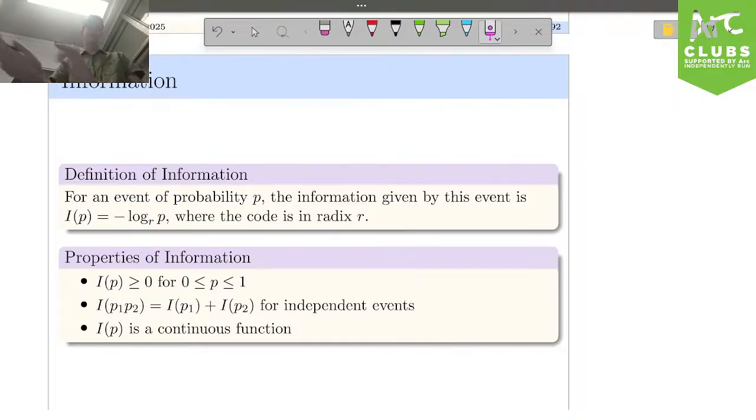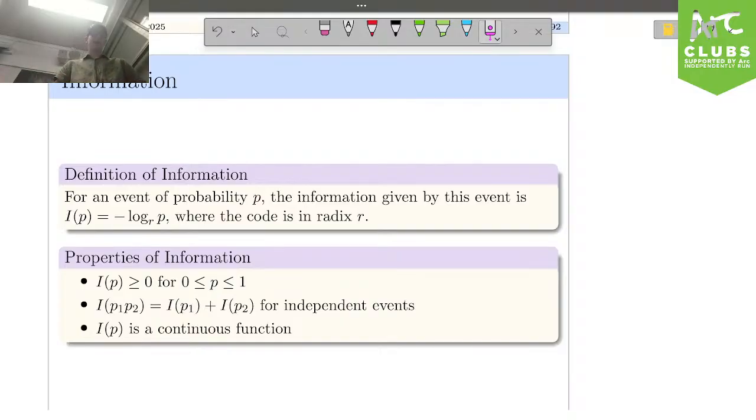The reason for the negative is to make the whole expression positive, because our probabilities by nature are between 0 and 1, meaning the information will always be non-negative. It can be 0 if the probability is 1, because that event is always going to happen, so you're never going to be surprised at all.